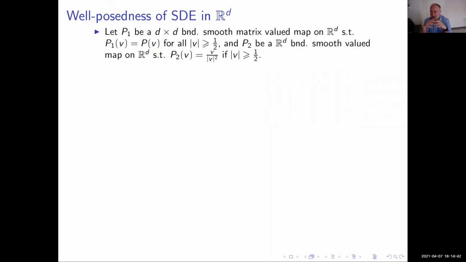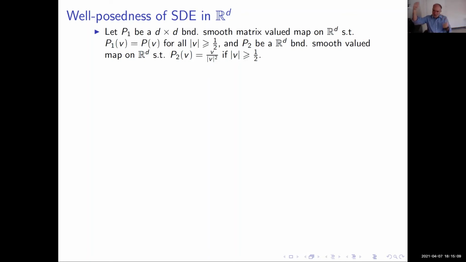In particular, we extend operators that are on the sphere in a very smooth way, especially when they become singular. For instance, some of them would become singular at 0, like v divided by |v|, or the projection onto the tangent plane will also become singular at 0.